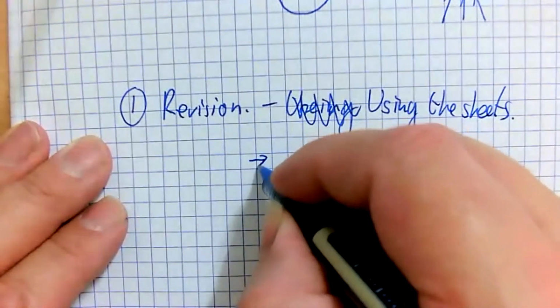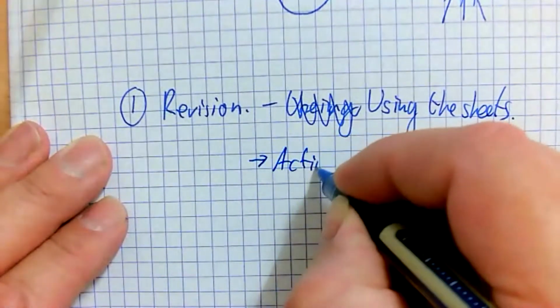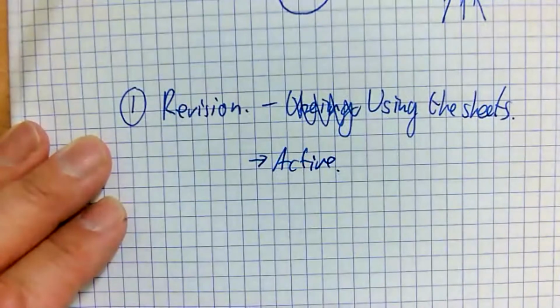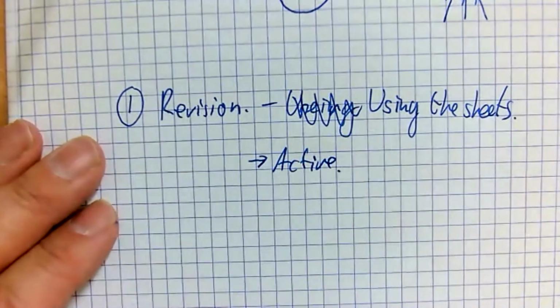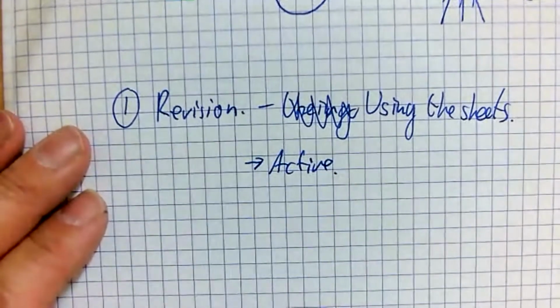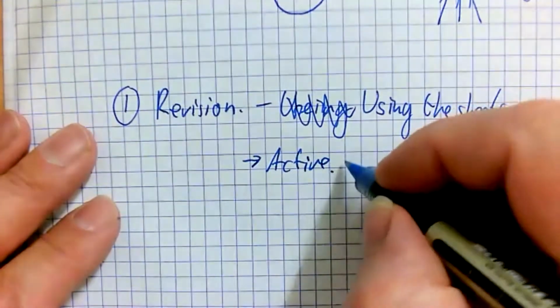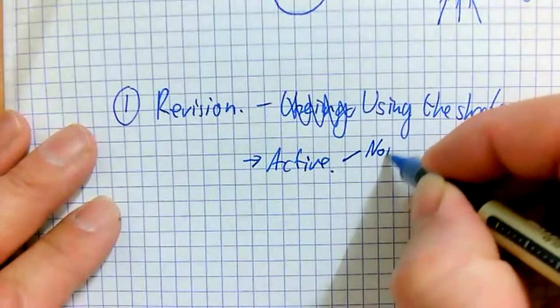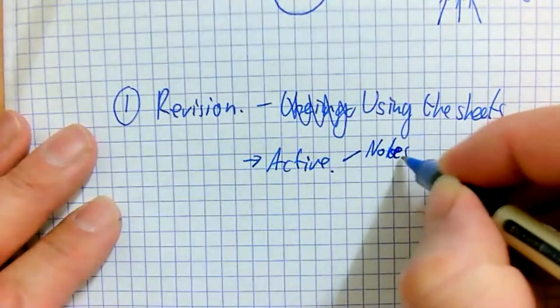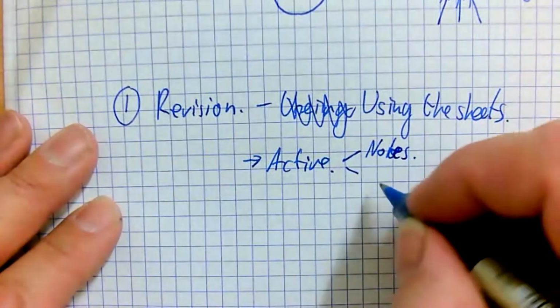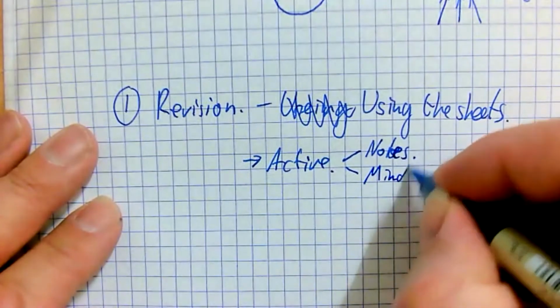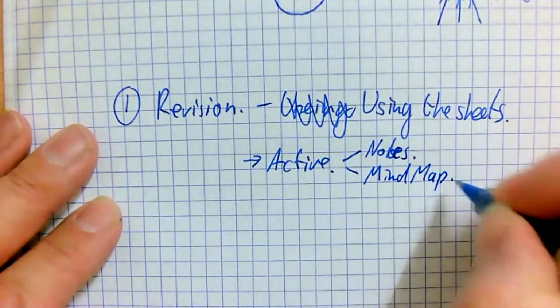When I say revise, it needs to be active revision rather than passive. Passive revision is just reading the sheets, which is useful to start off with, but actually what you should be doing is either making some revision notes on a piece of scrap paper, or, as I've shown you before, mind mapping.